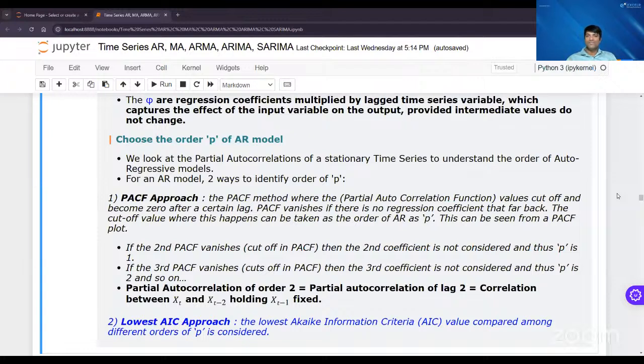So even the error term should be IID, and that is where we call it a white noise residual. So white noise residual, no multicollinearity, it should be stationary and it should be linear. These are the aspects which have to be considered, or which are assumed, before constructing an autoregressive model.